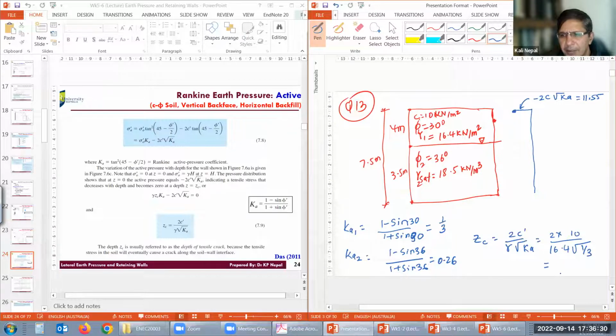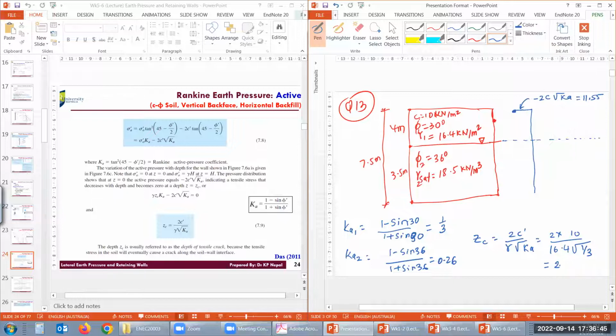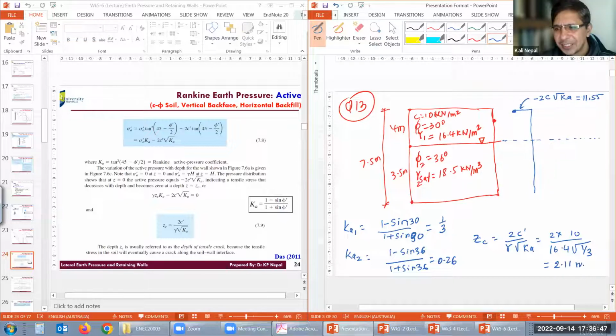How deep would the crack be? I need to check whether it is within 4 meters or more. 2.11 meters. So it falls within this area, right? That's the tensile crack, which means over here the value is 2.11 meters.